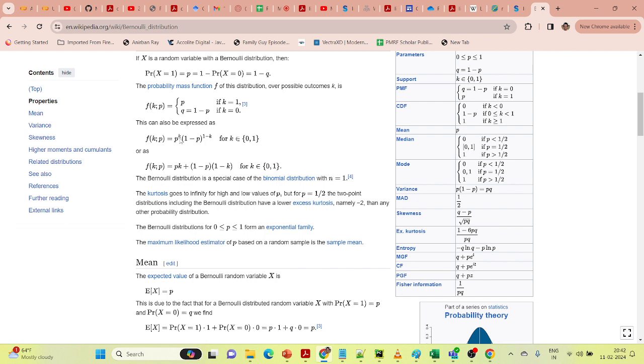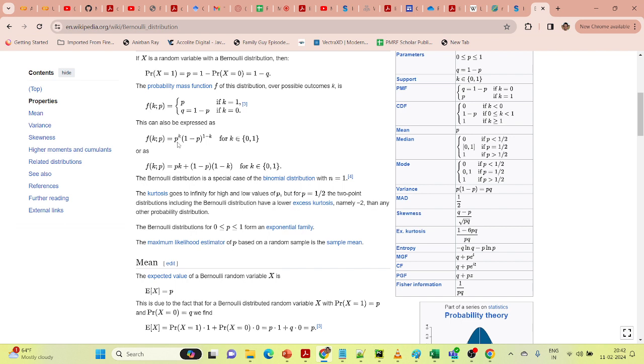So this is 0.2 to the power k, multiplied by 0.8 to the power 1 minus k. Now the person asks what is the probability of getting a head. As he has said head, k is equal to 1. So 0.2 to the power 1 and 0.8 to the power 0, so that is 0.2.